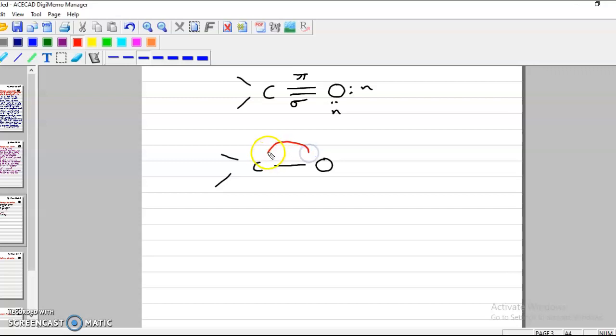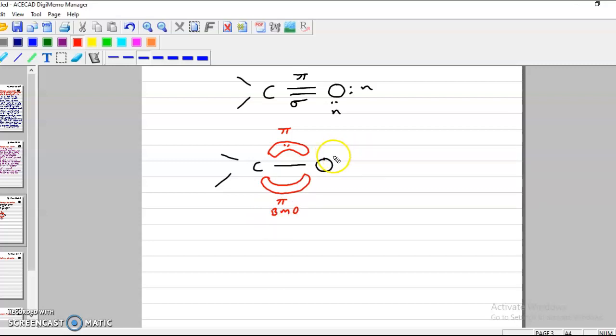These are the pi BMO orbitals of the carbonyl group, like a banana, and these orbitals have 2 electrons. So this is pi BMO and this is also pi BMO. There are 2 electron clouds of pi BMO.